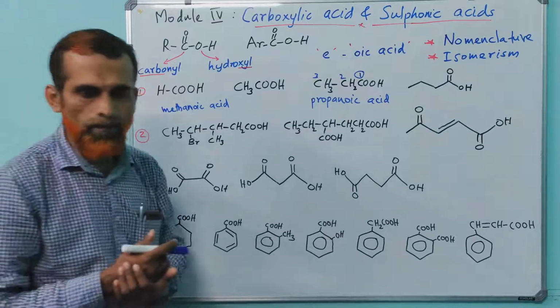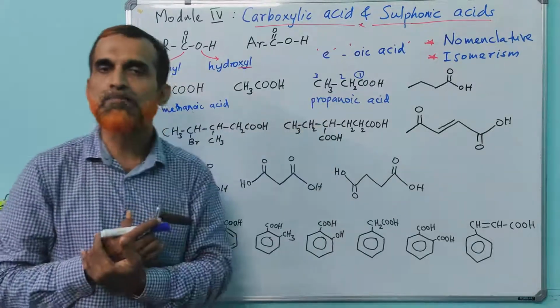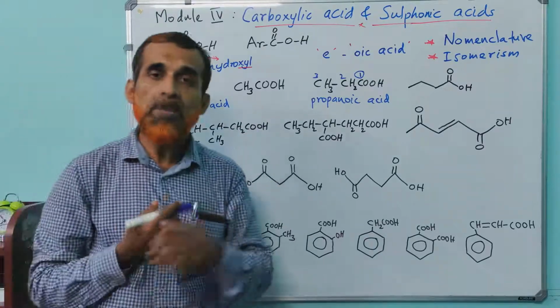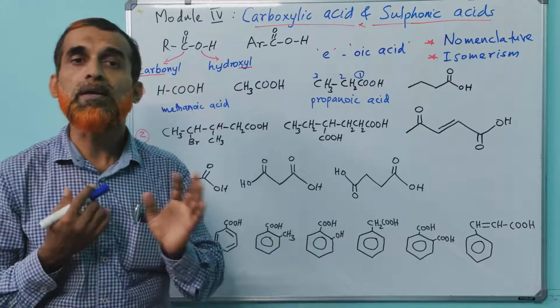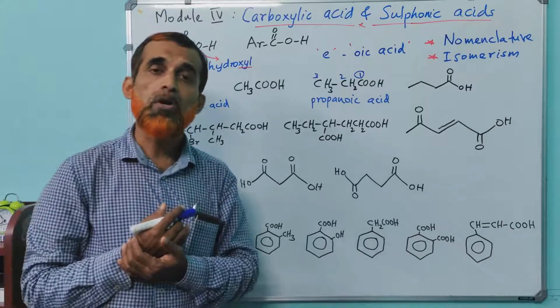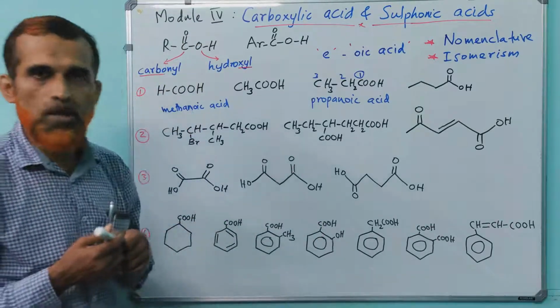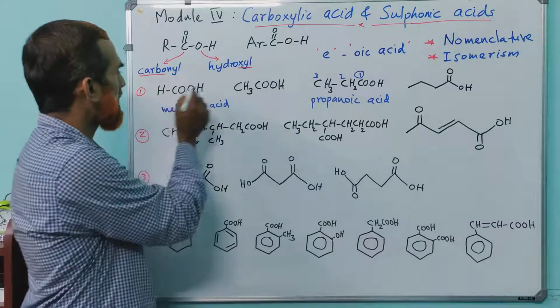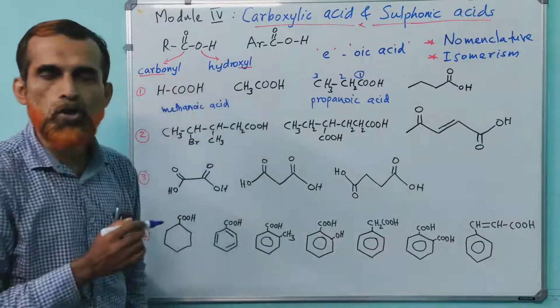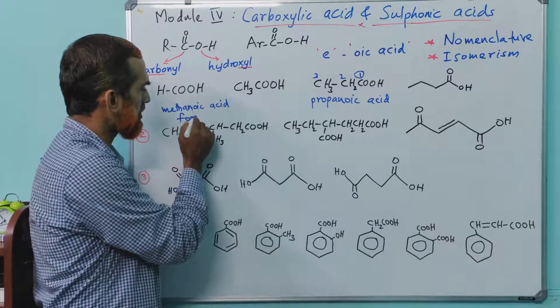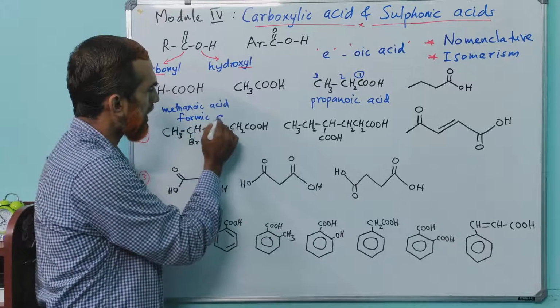Okay. Now, in addition to IUPAC names, many carboxylic acids have got very popular common or trivial names. Sometimes the common name is more popularly used than the IUPAC name. For example, here, what is methanoic acid commonly called? You know that, formic acid, isn't it? Formic acid.